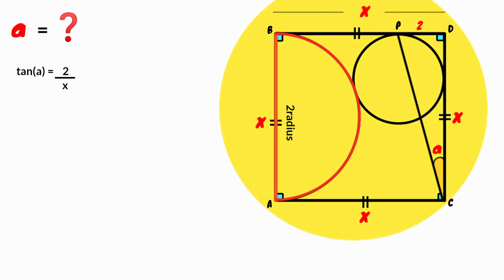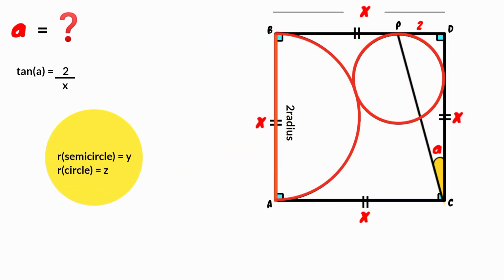But from the figure here, there is a circle and a semicircle. Each will have its unique radius. So we let the radius of the semicircle be y and that of the circle be z. So here, this diameter is 2y.